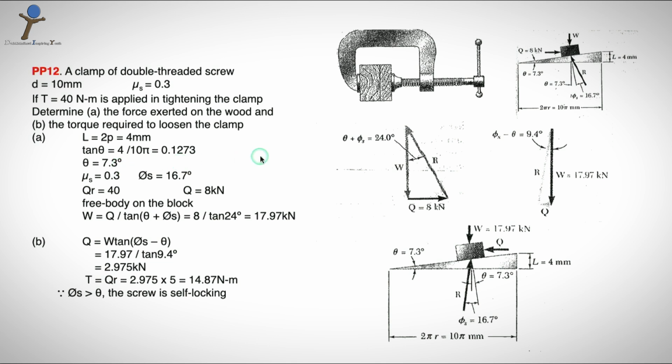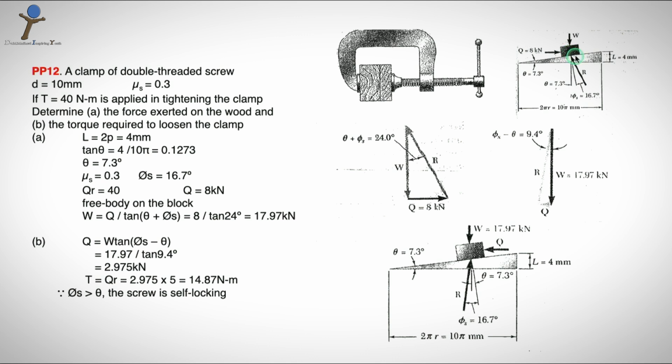Okay, let's go back to the working mechanism of this. As we know, the nut and the power screw of this part is considered as a wedge with a block. You can consider that as a wedge with a block having a weight of W. Here W is the force that is exerted on the wood.